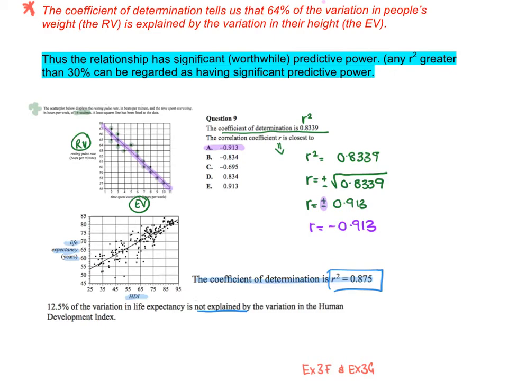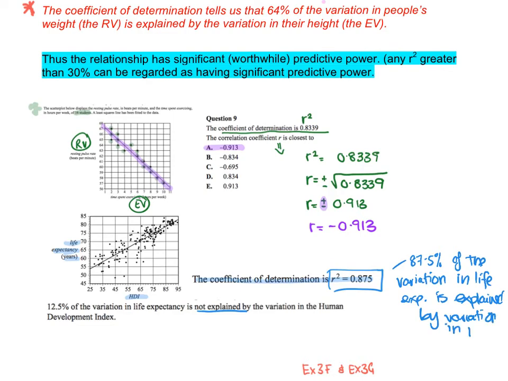So what I'm going to say here is that 87.5% of the variation in life expectancy is explained by variation in HDI, whatever it was. Okay, so that tells me that, but what's not explained is all the rest of it.